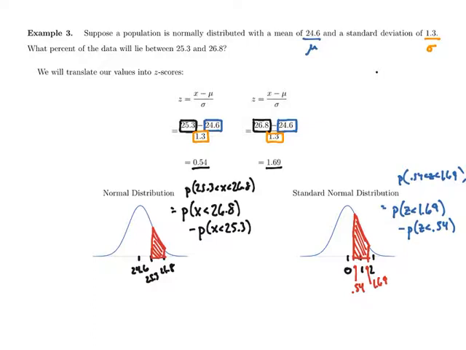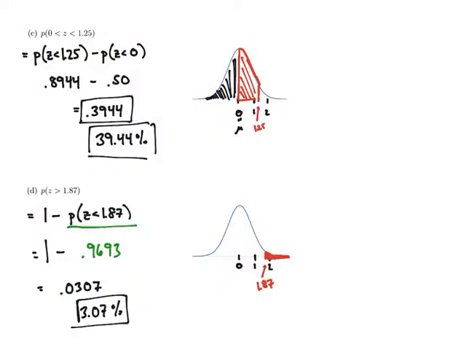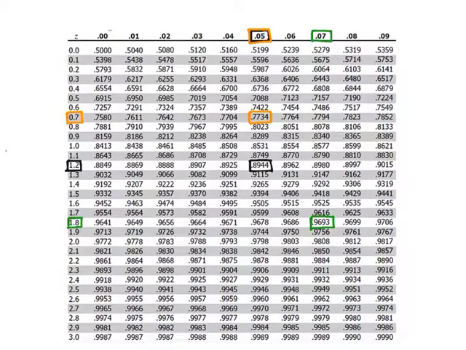So we have two z-scores to find, 1.69 and 0.54. So let's go to the z-score table and find those values. Both are positive. Let's get rid of these markings. We can start afresh. So we have 1.69, 1.6 on the left, 0.9 on the top.